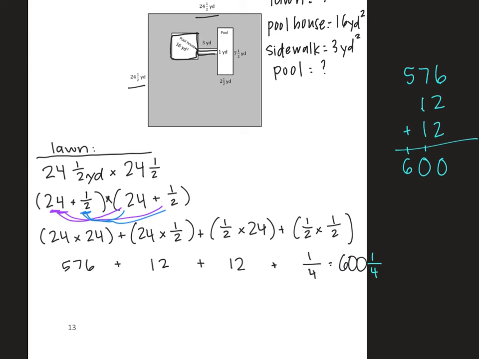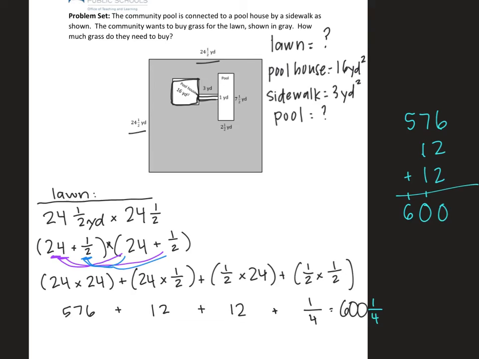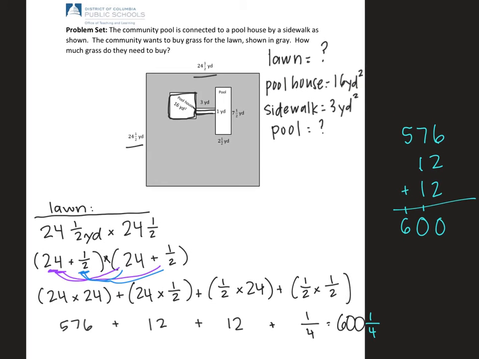Okay, so I'm going to go back up, and now I know that the lawn has an area of 600 and 1/4 square yards. Okay, now I know what the pool house area is. I know what the area of the sidewalk is. Now I need to figure out the area of the pool. Okay, so once again, we're going to have to do all of this.